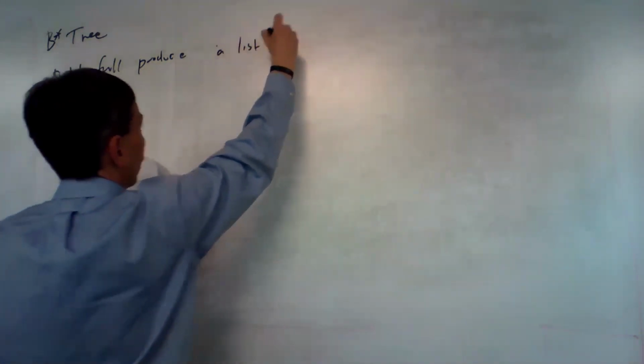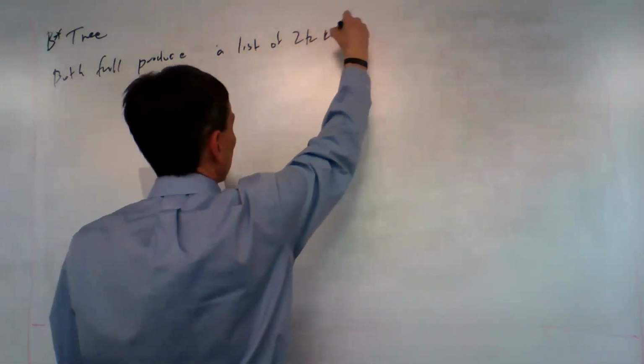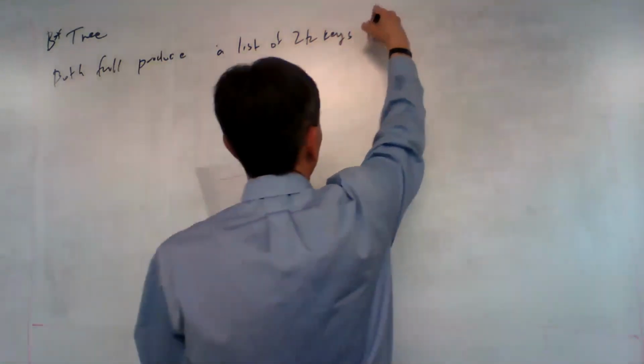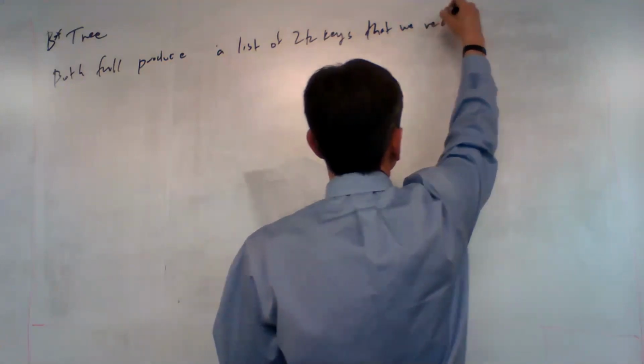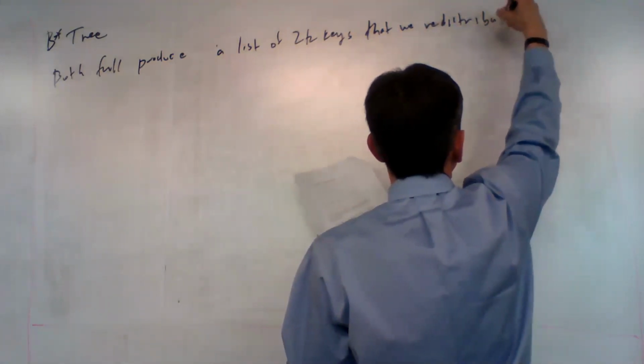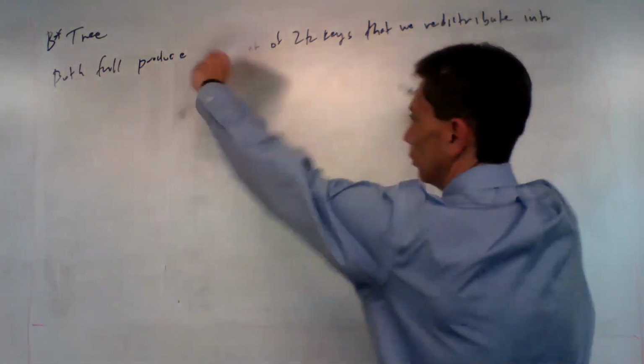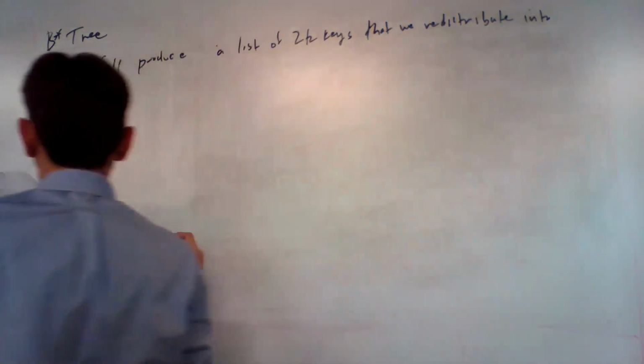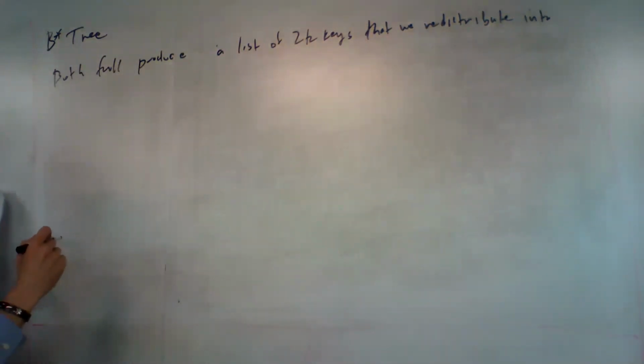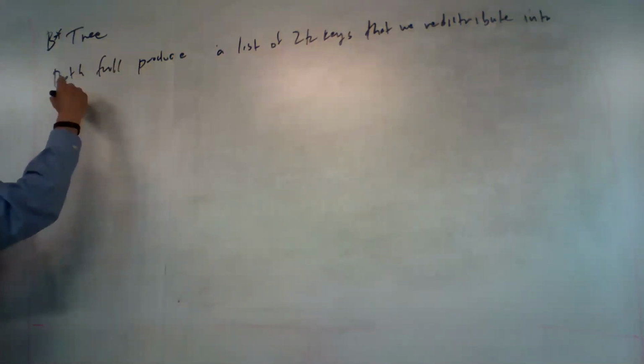So if they're both full, I'm not going to write that all out again. You do this. You produce a list of 2K keys that we redistribute into three new nodes.